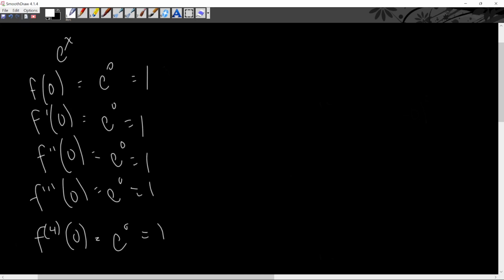So we start off with 1 plus x over 1 factorial, which is x, plus x squared over 2 factorial, writing it as 2 so you know what it looks like, plus x cubed over 3 factorial, plus x to the 4th over 4 factorial, and on and on.